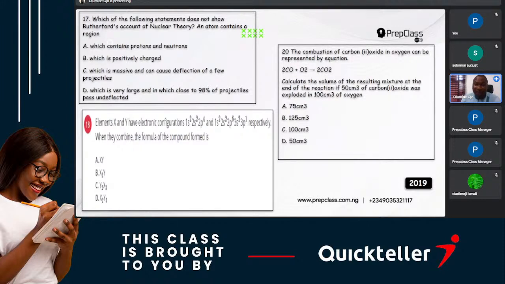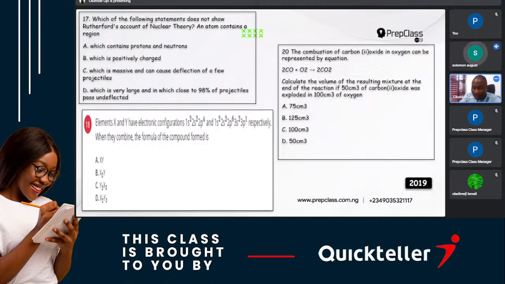For example, X belongs to what group now? If you look at the last orbital. Hello, Solomon. X belongs to what? I didn't get that question.